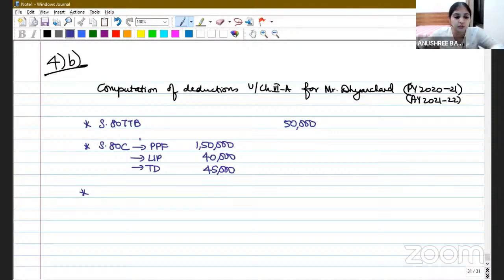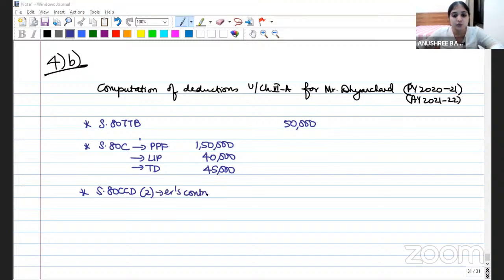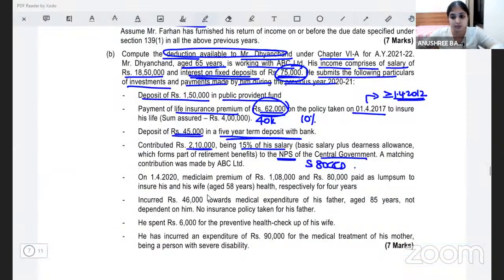Employer's contribution goes to 80CCD subsection 2. So what is the employer's actual contribution? How much did the employer contribute? 2,10,000. They're saying matching contribution, which means equal contribution is made by employee and employer. Both are contributing 2,10,000. Okay, so they are talking about employer's contribution now.